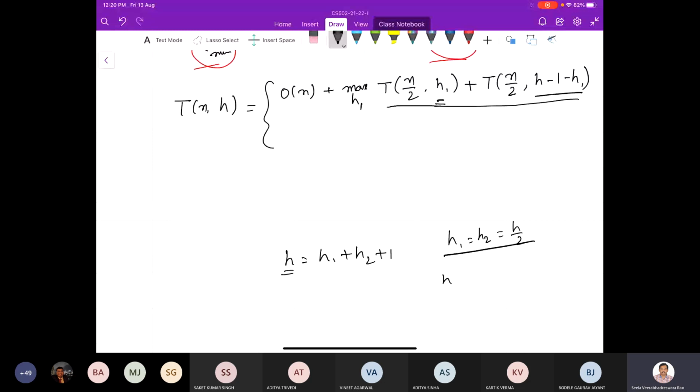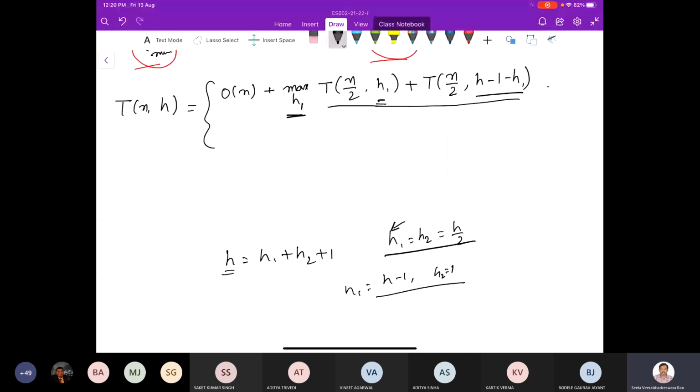Skewed partition. So we don't know what partitioning of h will give a maximum. So we'll take the maximum value, whatever value of h1 gives the maximum. You assume this if h is greater than 2, otherwise order n if h is less than or equal to 2.